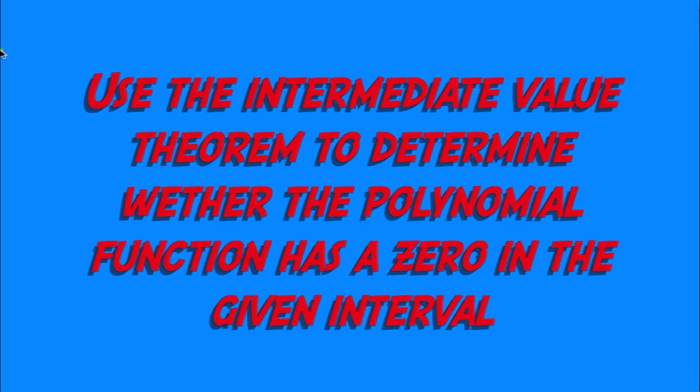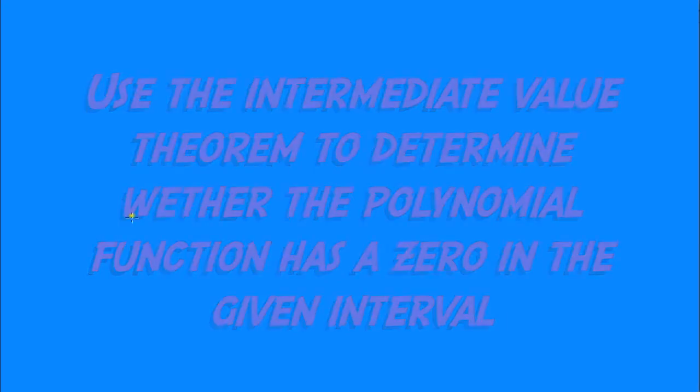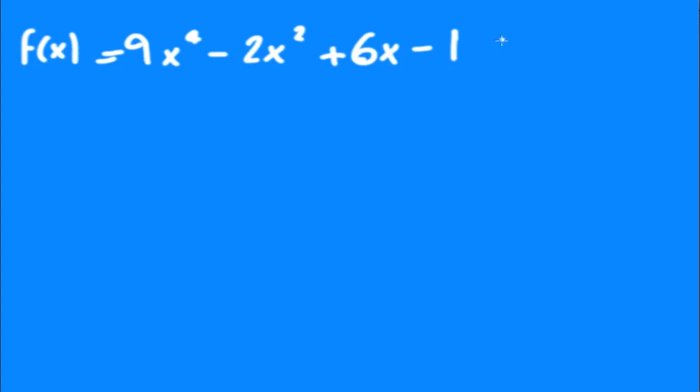Now we have to use the intermediate value theorem to determine whether the polynomial function has a 0 on the given interval. We are given f of x equals 9x to the fourth minus 2x squared plus 6x minus 1, and our interval is 0 and 1. What you're going to do is plug in the numbers of your interval into the x's.